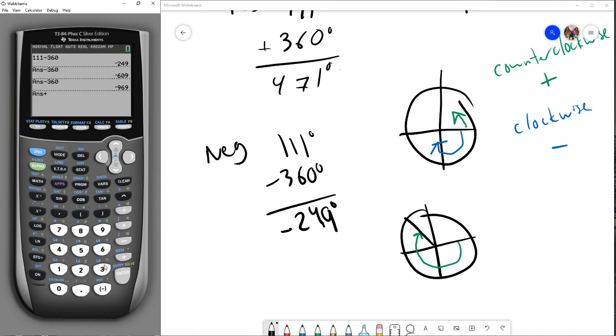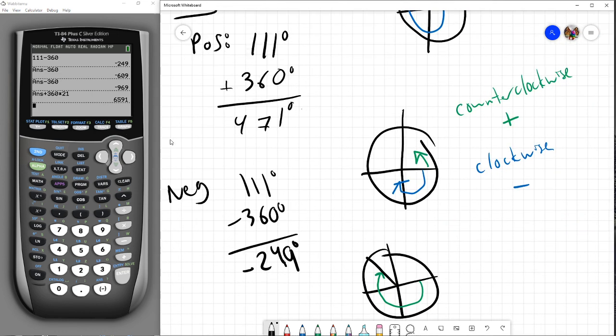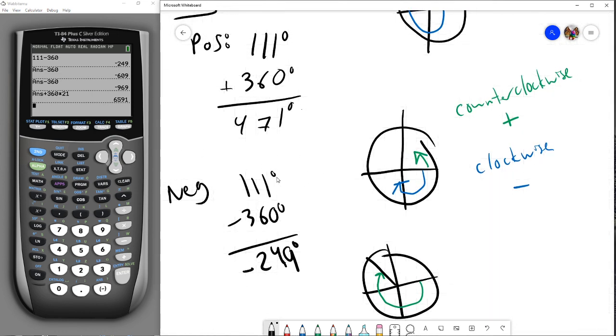And I could have added, say, 360 times 21. This is just 21 multiples of 360 added to this. That also will be coterminal to 111. So here we are, examples of coterminal angles. It's fairly straightforward.